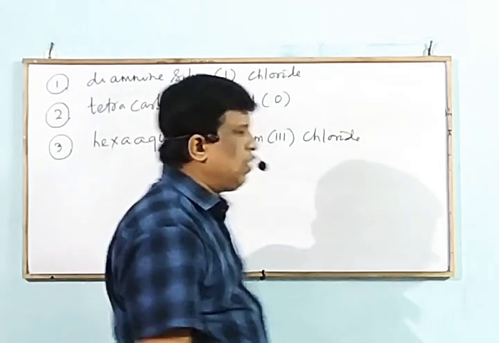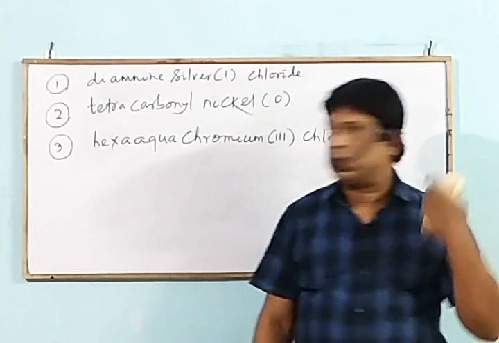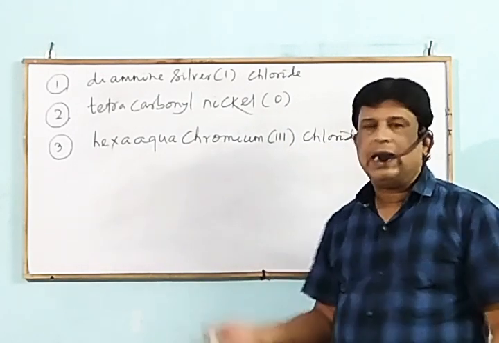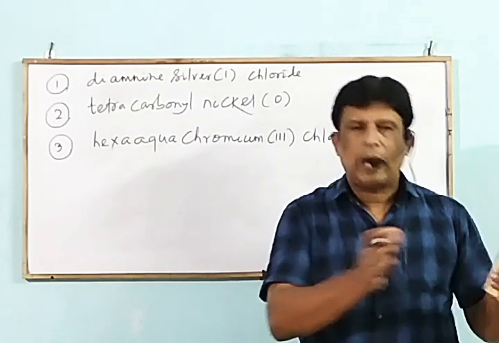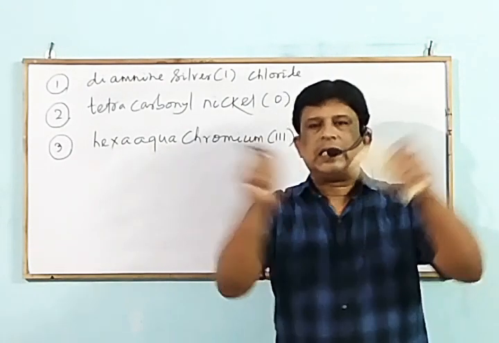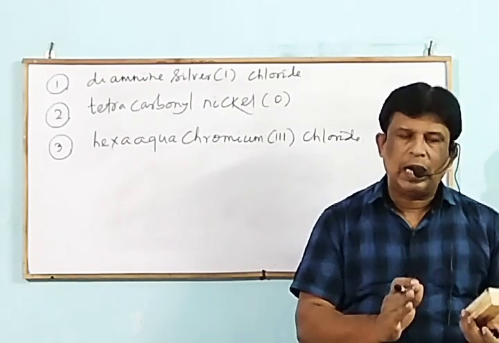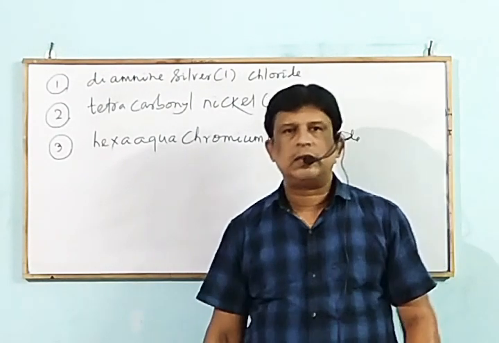Let us write their formula one by one. 2 to 3 steps are there. First, whether it is a cationic complex or anionic complex, first we write the cation followed by the anion. Next, inside the coordination sphere, first we write the central metal atom followed by the ligands.